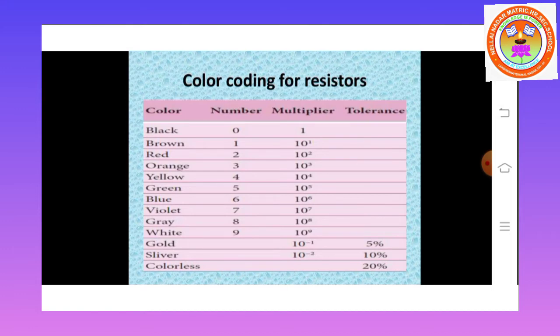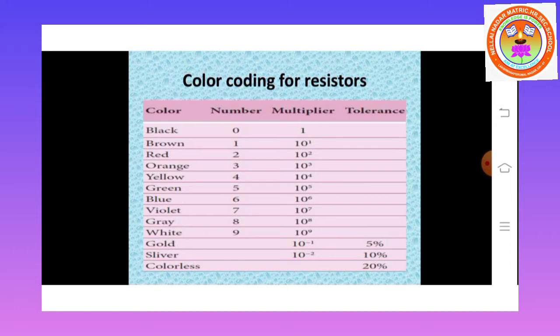Okay, so here it is also given as a fourth color on a carbon resistor. The fourth color is indicated by gold or silver. Sometimes there is no color. If it is indicated by gold, it shows the tolerance of the resistor.